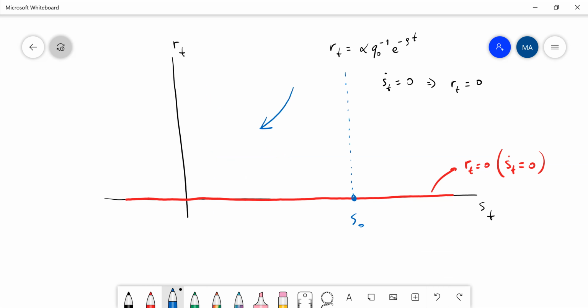When R is decreasing, remember what happens to ST. ST dot is equal to minus R, so it is minus alpha Q0 minus 1 e to the minus rho t. And the relationship between R and Q is this: alpha divided by RT is equal to QT. So alpha divided by R0 is equal to Q0. So in other words, this is actually R0.